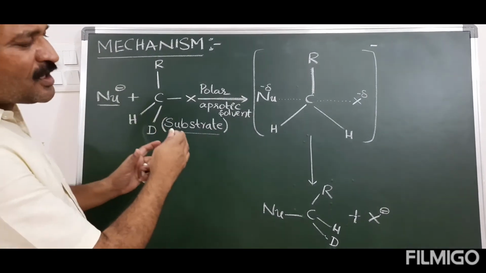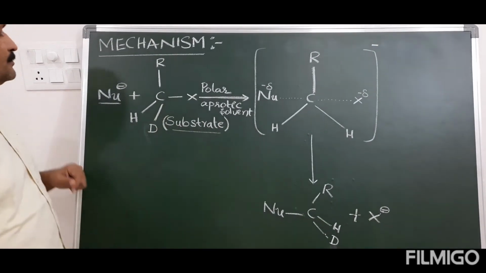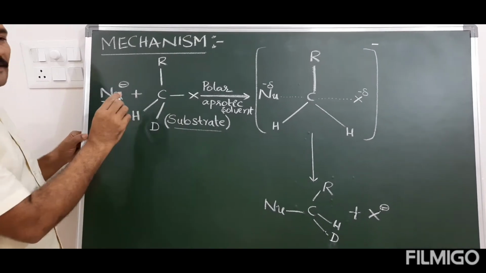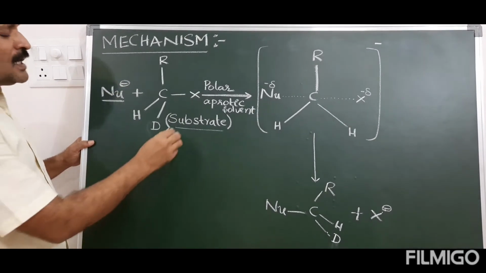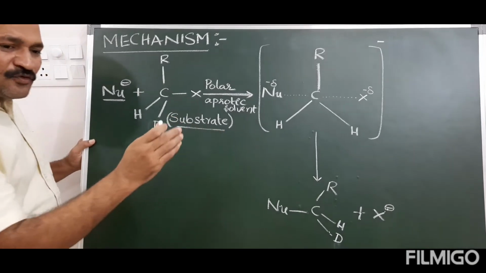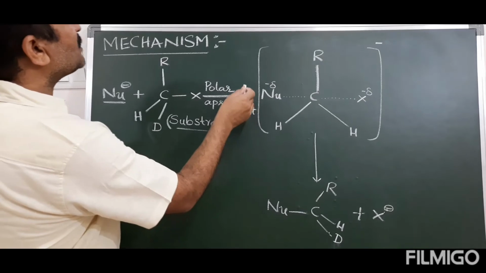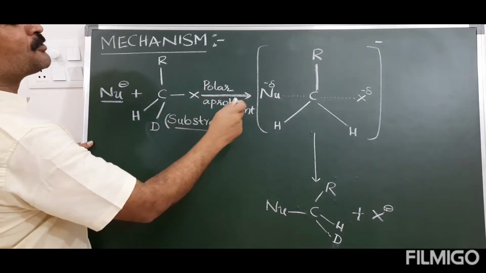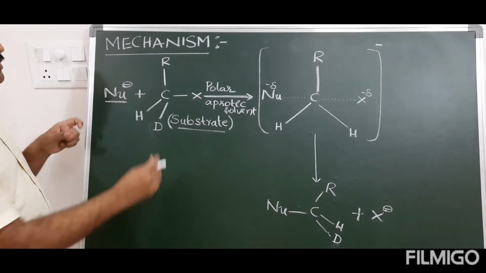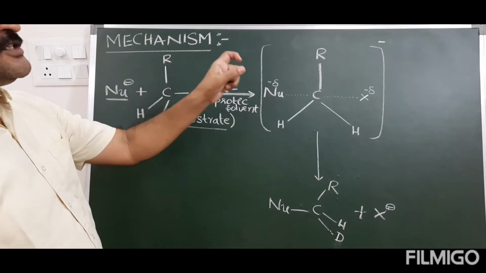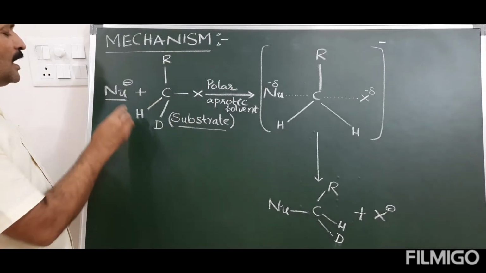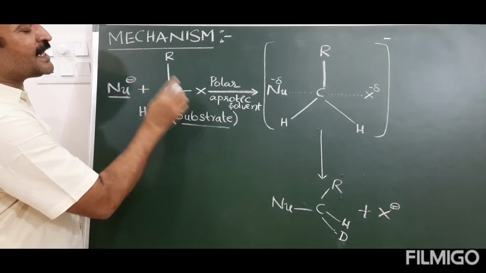There, the SN2 mechanism probability is more. Here the nucleophile concentration is required, the substrate has a lower tendency to form the carbocation, and the solvent comfortable for this mechanism is polar aprotic solvent. So these conditions will favor the SN2 mechanism, and this nucleophile will attack this substrate.